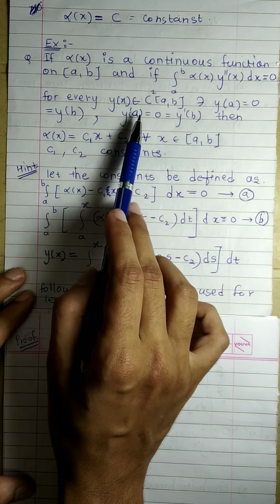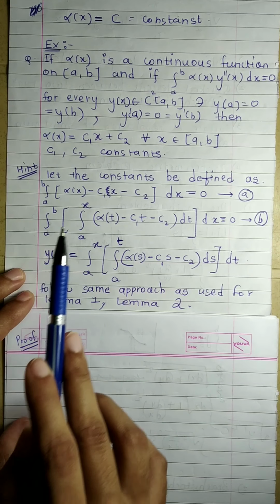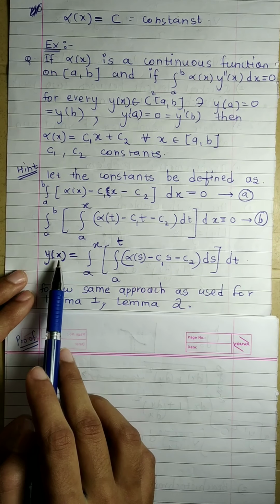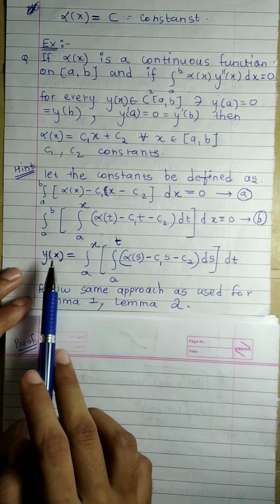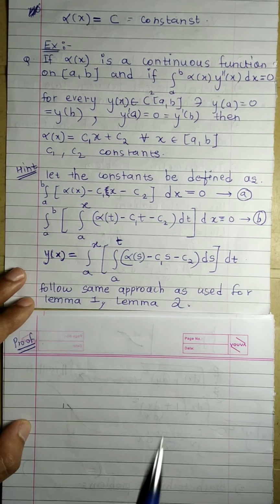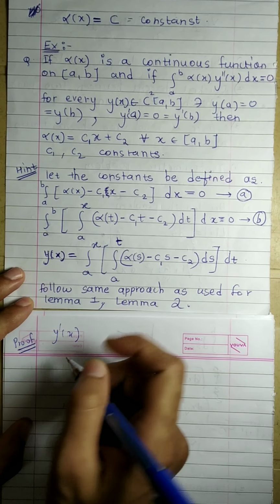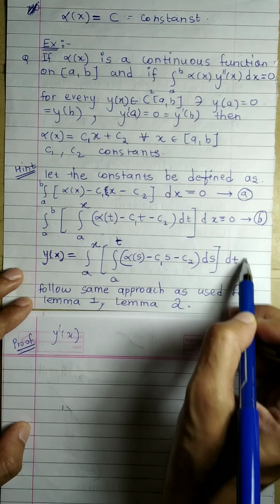Secondly, y dash at a: first of all we will have to calculate what is y dash of x, and then in place of x we will substitute a to get y dash at a. So what will y dash of x be? It will be the derivative with respect to x of this quantity.